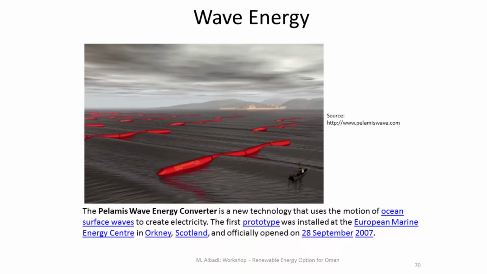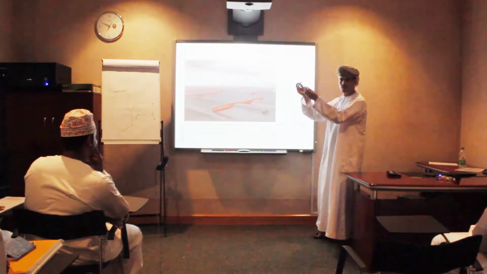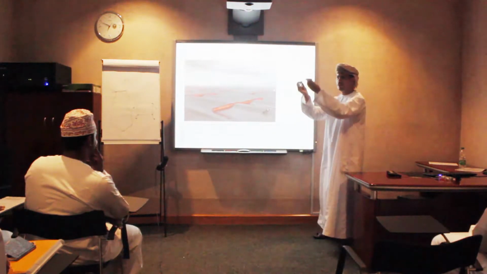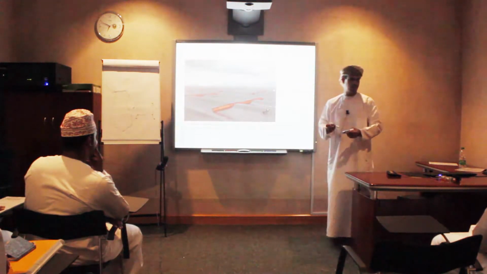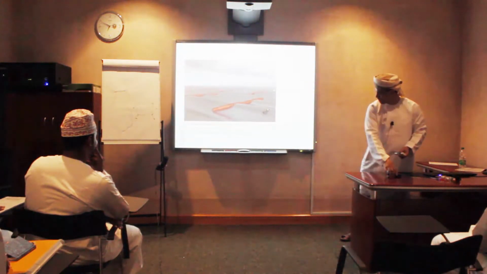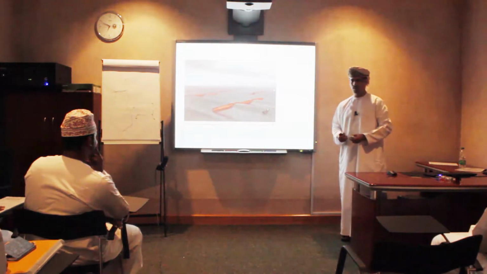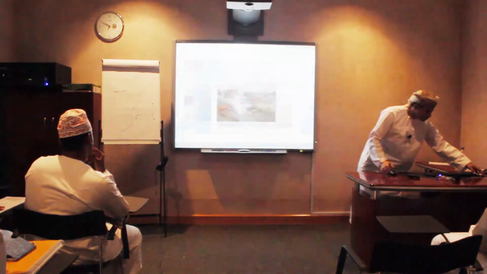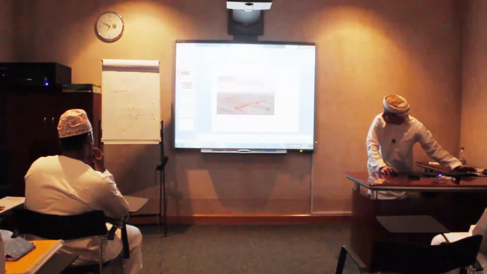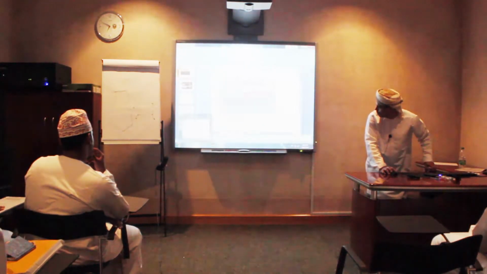The wave will hit the first one, so it will increase here, and then later it will burst with this one. So with this motion, you can generate some rotational motion, and then you convert it to electricity. This is the idea there. I'm going to show you a video that has these waves.